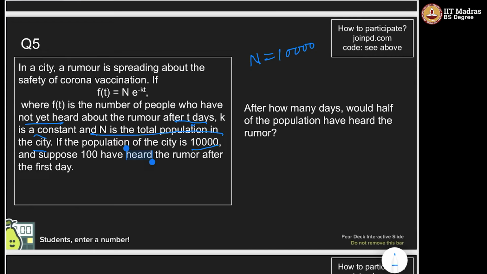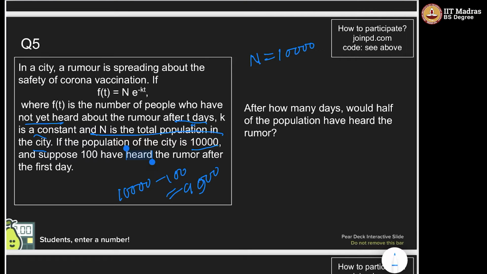And suppose 100 people have heard the rumor after the first day. That means 10,000 minus 100, that means 9,900 people still don't know about the rumor, right?